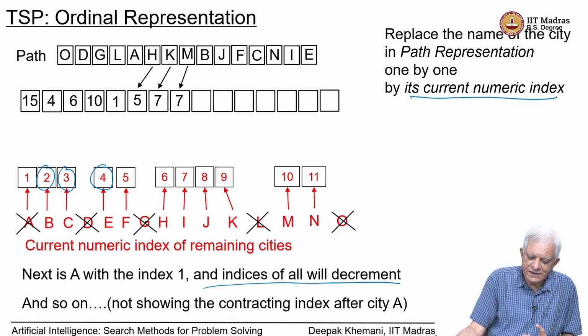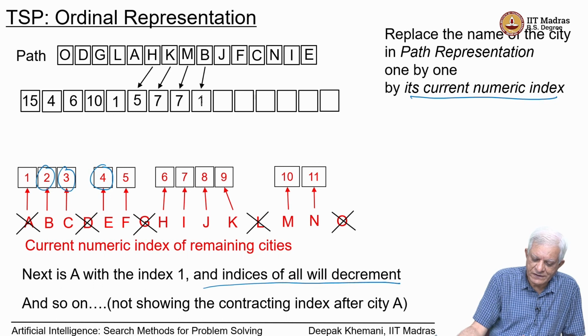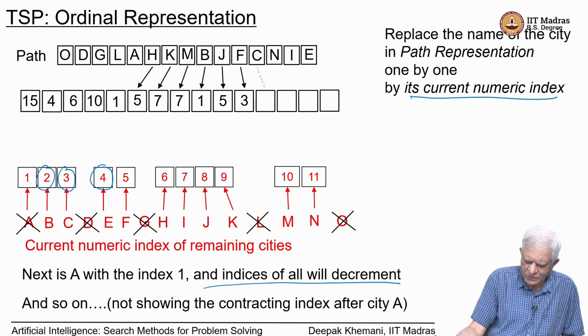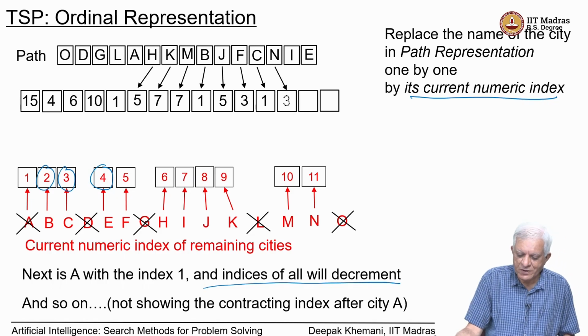So, as you can see that the numbers are becoming smaller than we started off with, and this is the ordinal representation of a path tour essentially. So, as you reach towards the end of the tour, you can see that the numbers will become very small.